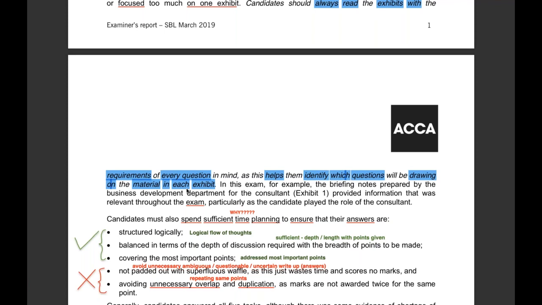So you need to know how to put it together. It's not being looked at in isolation. It doesn't mean that one exhibit is for one requirement, the second exhibit is for question number 2, and the third exhibit is for question number 3. No, it doesn't work that way. You need to identify which exhibit is relevant to which requirement. Sometimes one requirement requires you to have information from all the exhibits. It can.